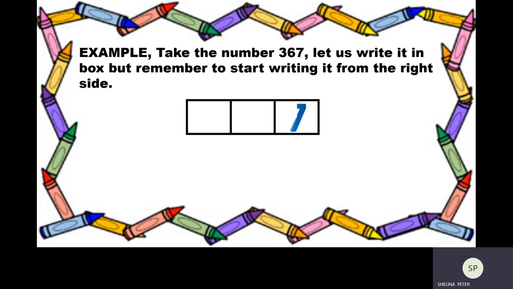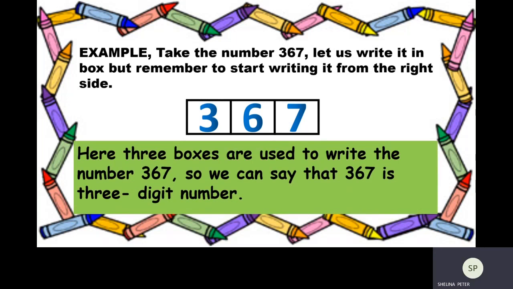We will write 7, 6, and 3. So here 3 boxes are used to write the number 367. So we can say that 367 is a 3-digit number. As you can see here, we have used 1, 2, 3 boxes to write the number 367. So this is a 3-digit number.